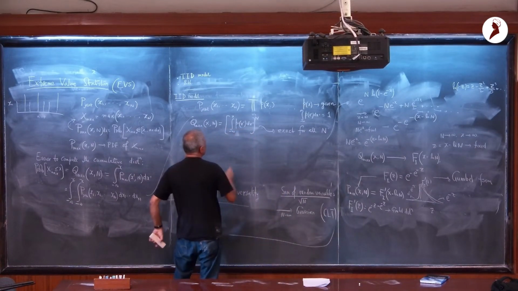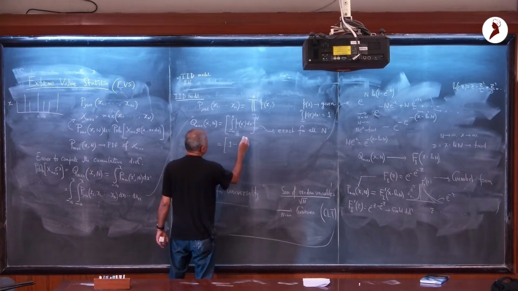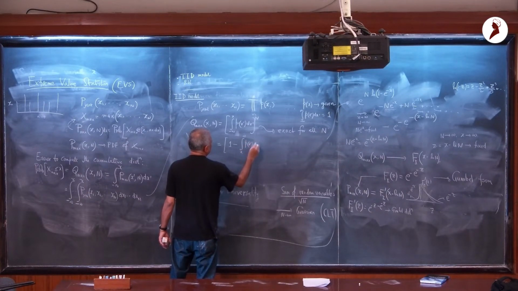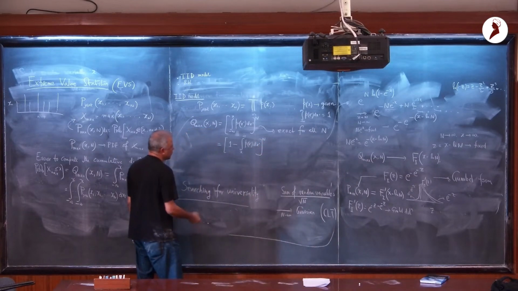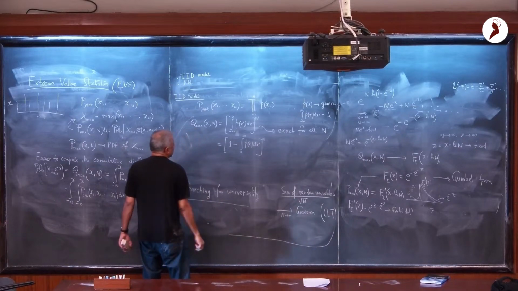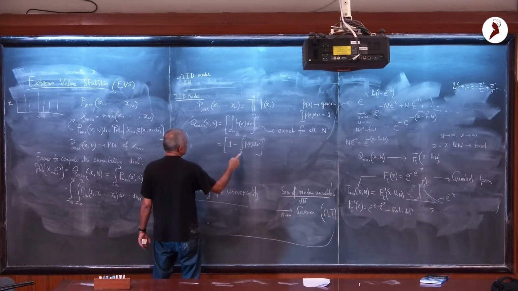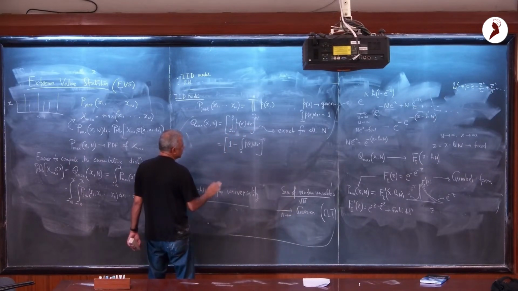Effectively what we are doing, as you saw in the exponential example, is that because it's normalized to 1, I can always write this as 1 minus the integral from x to infinity of the density dx prime. For the exponential case, this is just 1 minus e to the power minus x. I do this because I'm anticipating that this happens at large x, in the large n limit.